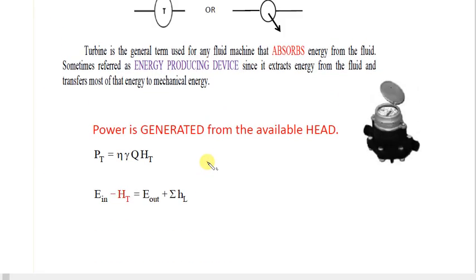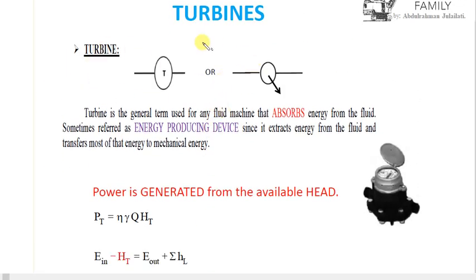Okay then. Coming to turbines. Turbines are so easy as a type of device. A turbine is sometimes like the water counter that is placed in our flats or everywhere. Pumps increase the energy.